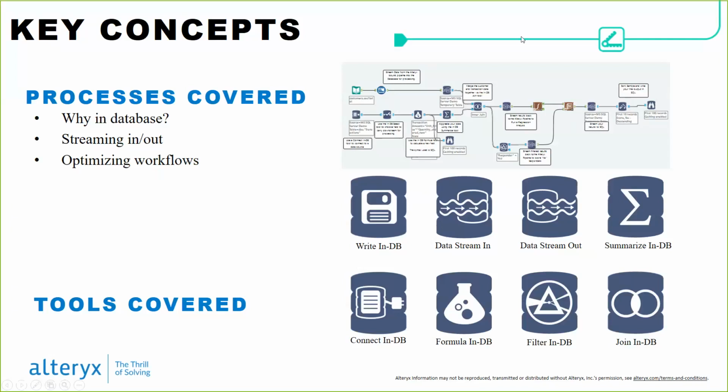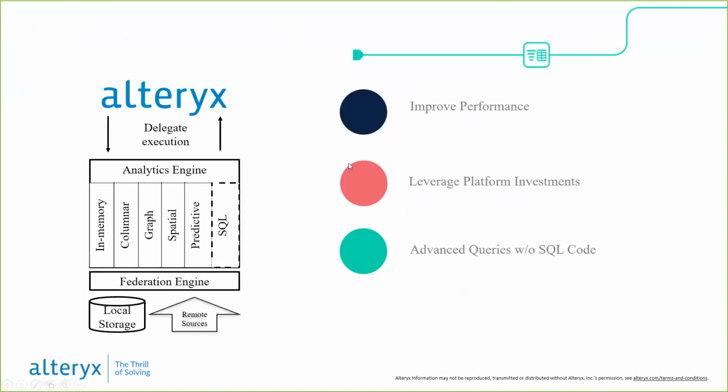Okay, so we're going to cover why we would go in database. We'll talk about streaming in and streaming out, what that really means, and how to optimize your workflows. So the first thing is: why in database? There could be a number of different reasons, the first of which is probably just improving performance.